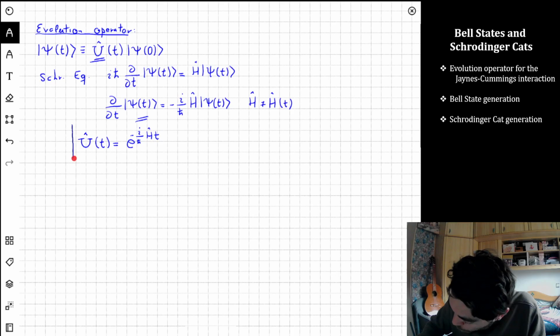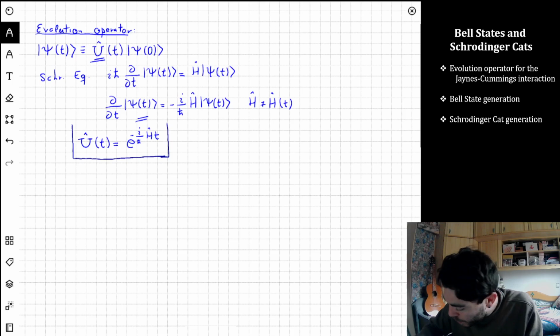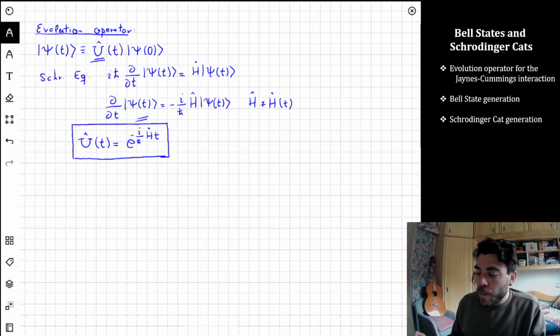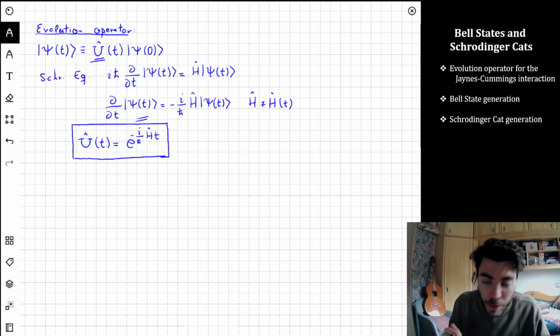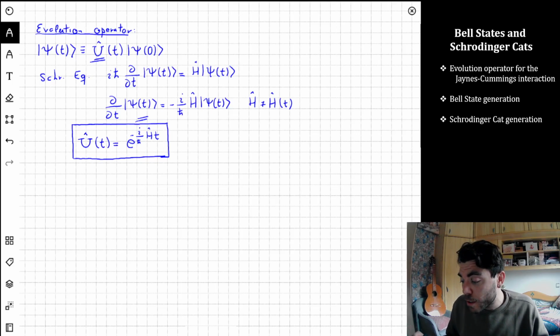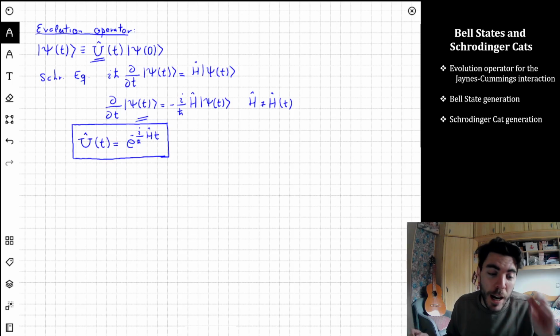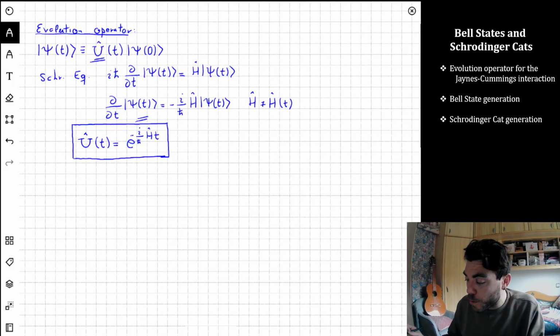This is general quantum mechanics, a specific case of a Hamiltonian that is independent of time, and we are in the Schrodinger picture. By the way, just as a comment, if you want to change between the Schrodinger picture, the Heisenberg picture, or the interaction picture, what you would need is the evolution operator. It's exactly this operator. So for example, the wave function in the Heisenberg picture is going to depend on this evolution operator and on the wave function in the Schrodinger picture.